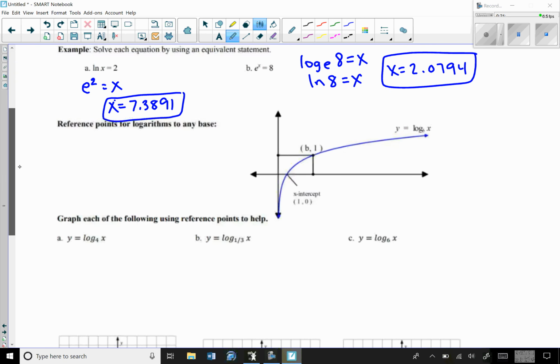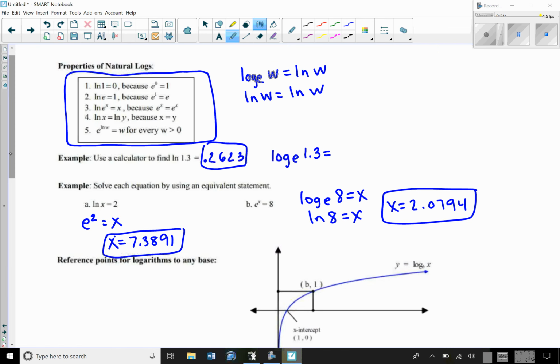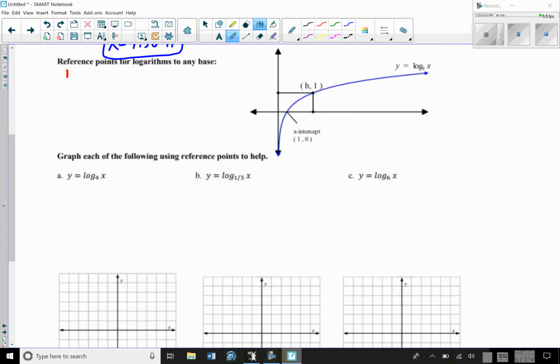So if I go back here, we're looking at the log of any base, and we're trying to solve. We're saying this is y equals log of any base b of some value x. So these are the reference points that we use.